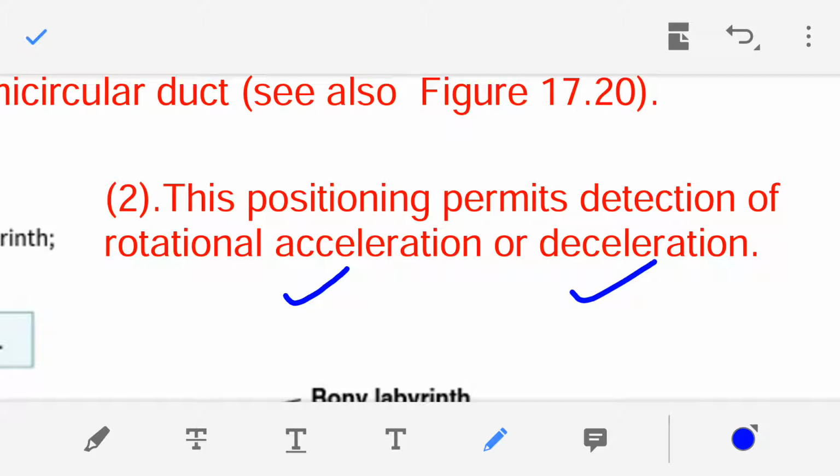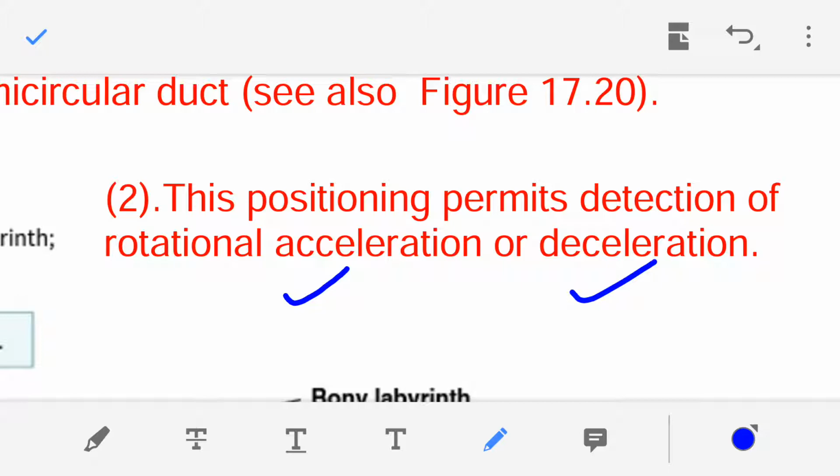That spinning dance we can say is rotational acceleration, because when we are spinning our body, at that time we are accelerating, so that will be rotational acceleration.